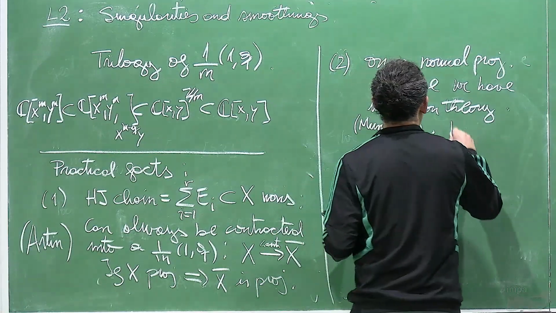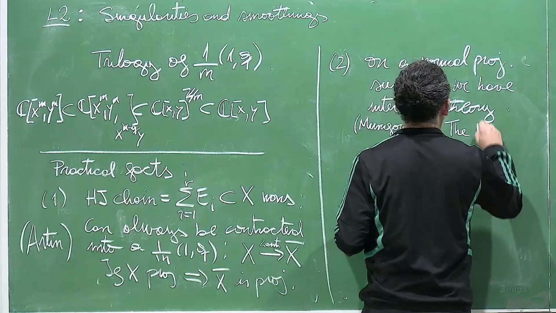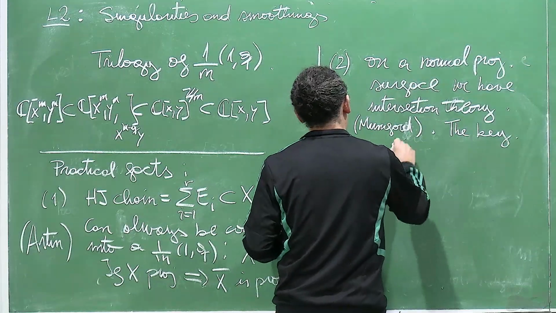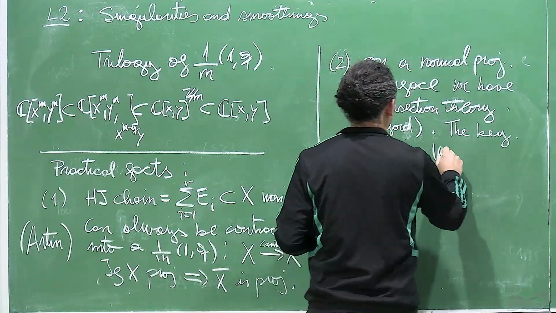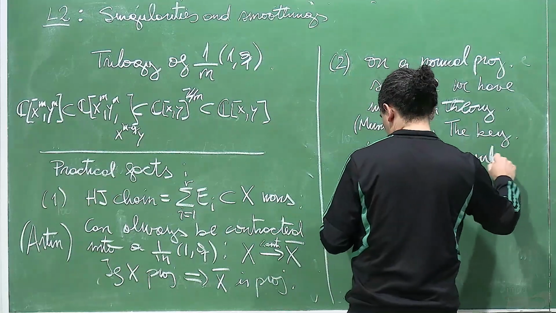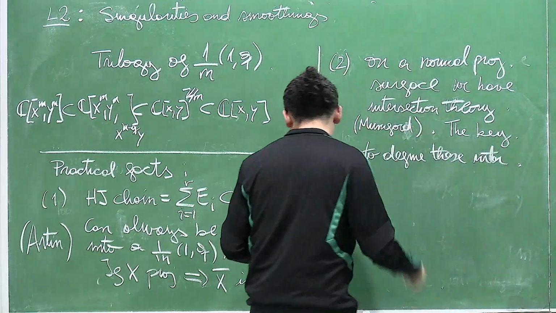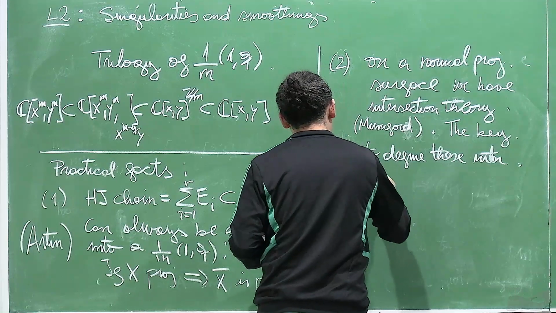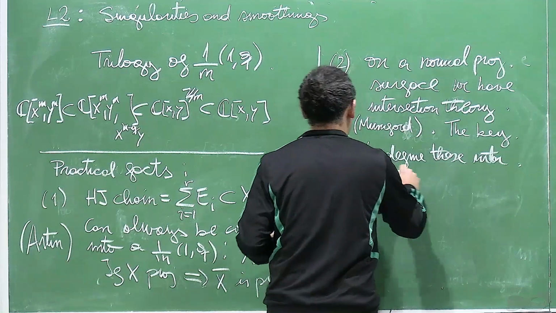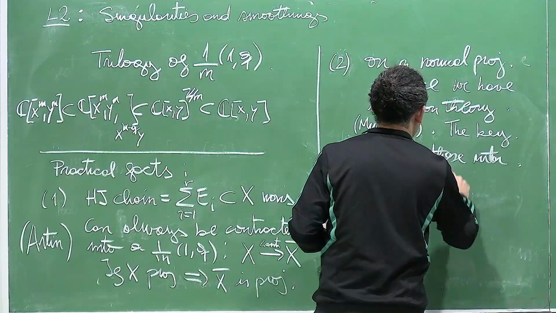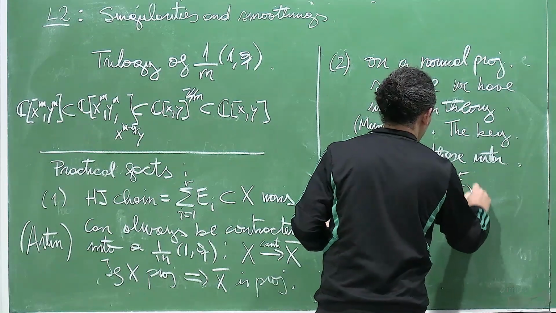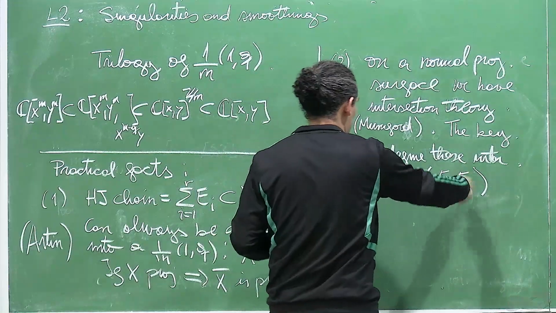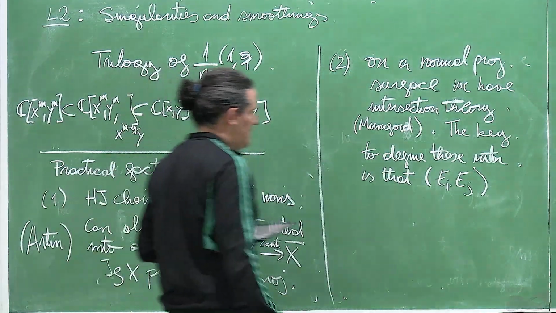So the key to define these intersections is that the EIs, so for each singularity, you have the intersection of the exceptionals, and this is negative definite.